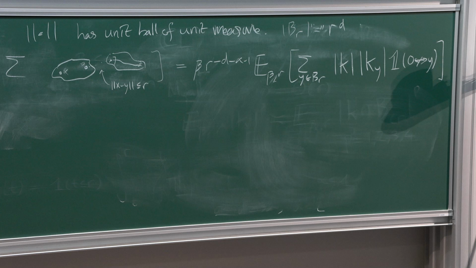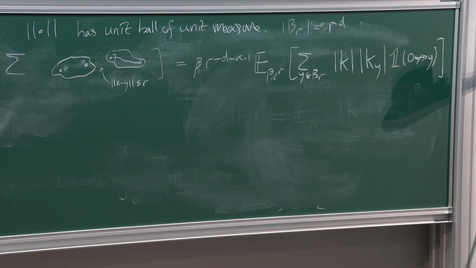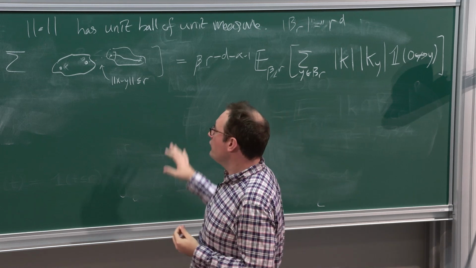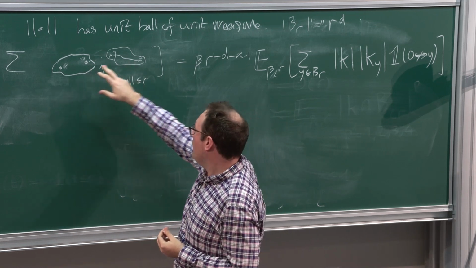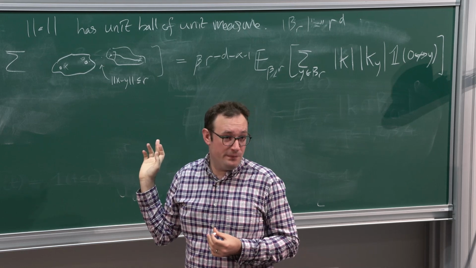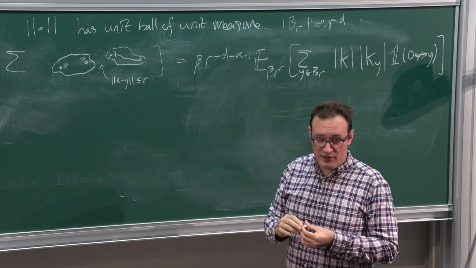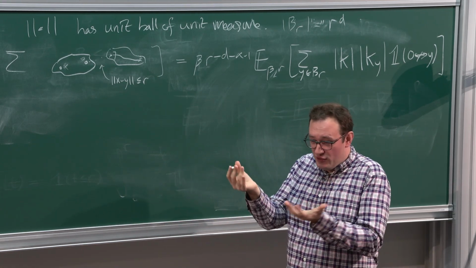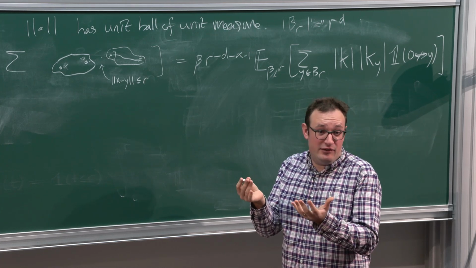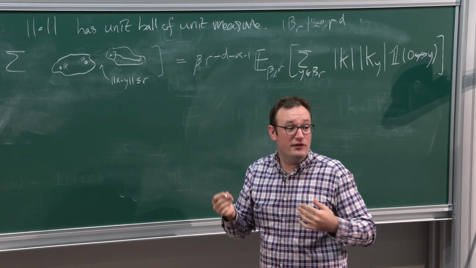Now, how do we understand what's going on in the mean field regime? Well, the point is that most of the points y in the ball are far from the origin. In the high-dimensional regime, if you take these two clusters that are far away from each other, they should behave basically like they're independent, up to some correction.